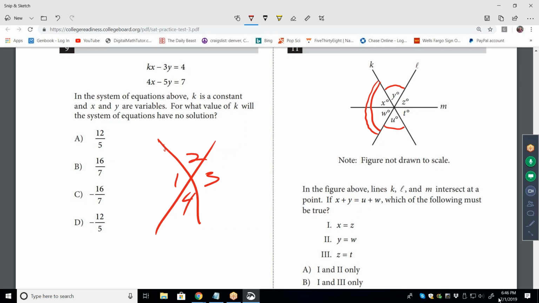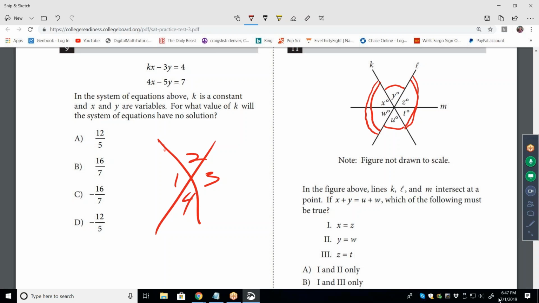Based on vertical angles only. Yeah, exactly. z plus t. I use the double line because that's a different angle. So I know y equals u because of vertical angles, and I know that x plus w equals z plus t.